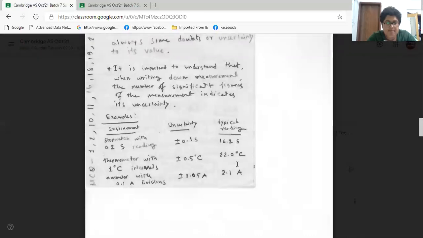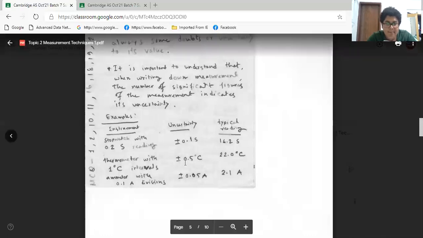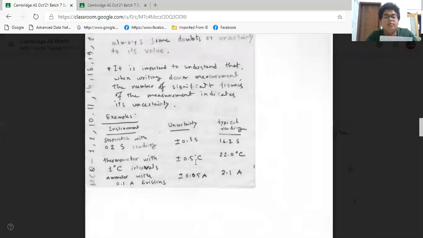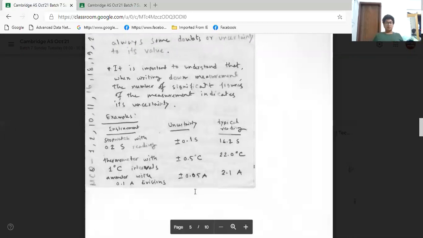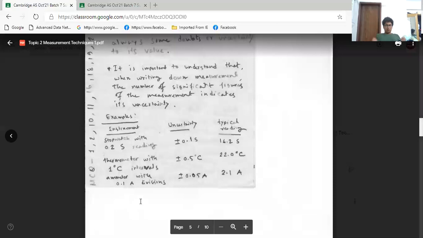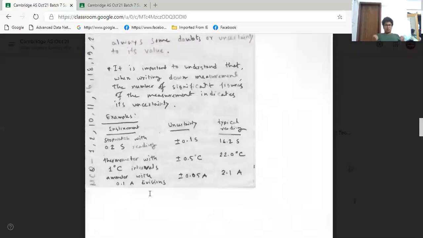If you take only one reading, that time you should write here plus minus 1 degree. Then the uncertainty becomes half if you are taking the average. This note I am saying you to take here: this uncertainty you are getting for the average, and this value is for a single reading. Left side you write for a single reading.